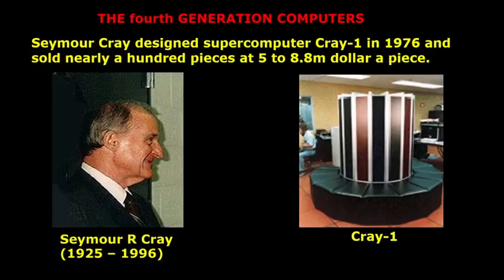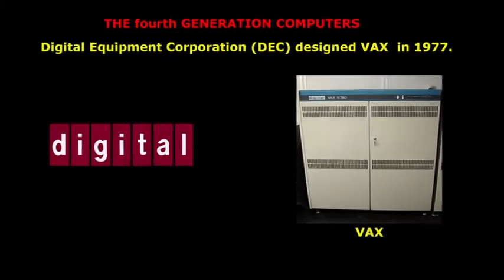Seymour Cray designed the supercomputer Cray 1 in 1976 and sold nearly 100 pieces at $5 to $8.8 million a piece. Cray was born in 1925 and he died in 1996.